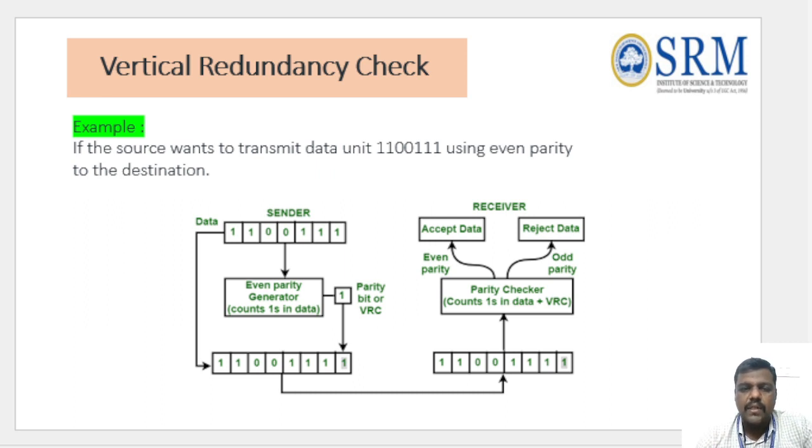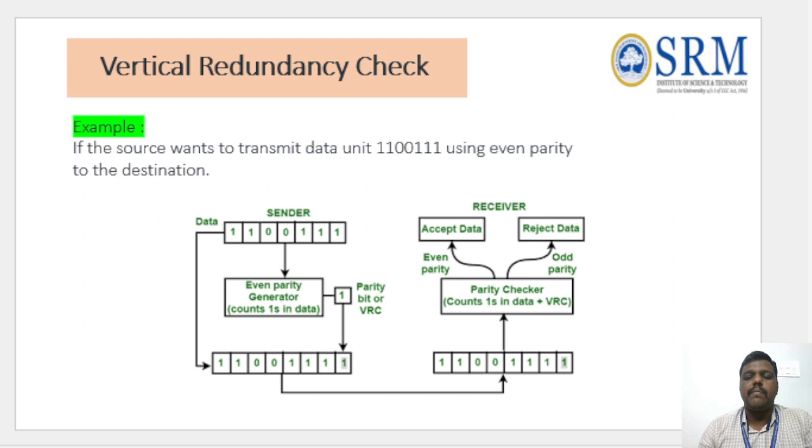The number of ones in the data is 5. So in order to make the data of even parity, we need to add one more extra one. So that parity bit 1 gets added there.